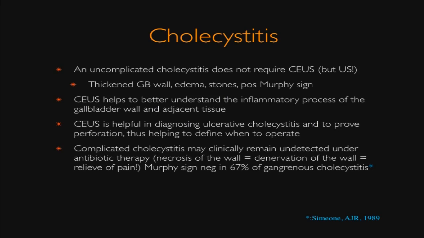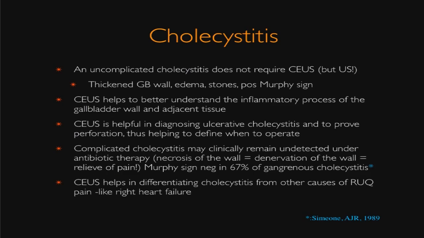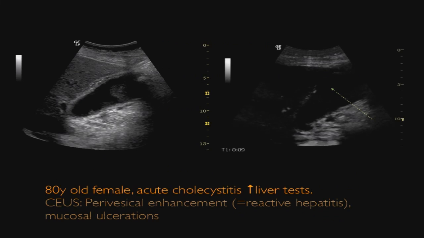That is very important. And the negative Murphy sign can be seen in up to 2/3 of the patients with gangrenous cholecystitis, as published in '89 in AJR. And of course, it also helps to characterize tumors. I will show you later.